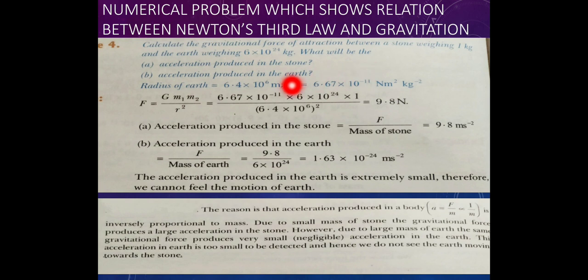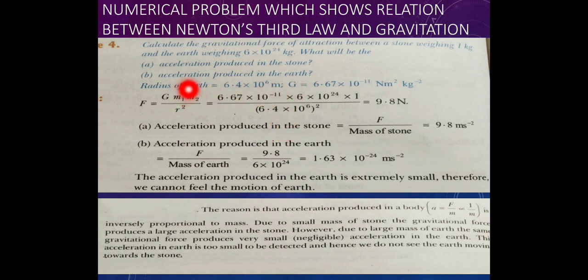What do we have to find out? First, the acceleration produced in the stone. That means the stone will move towards the earth. So how much is the acceleration? Second, the acceleration produced in the earth. What will be the acceleration of the earth when it is moving towards the stone? So this will help you to understand.